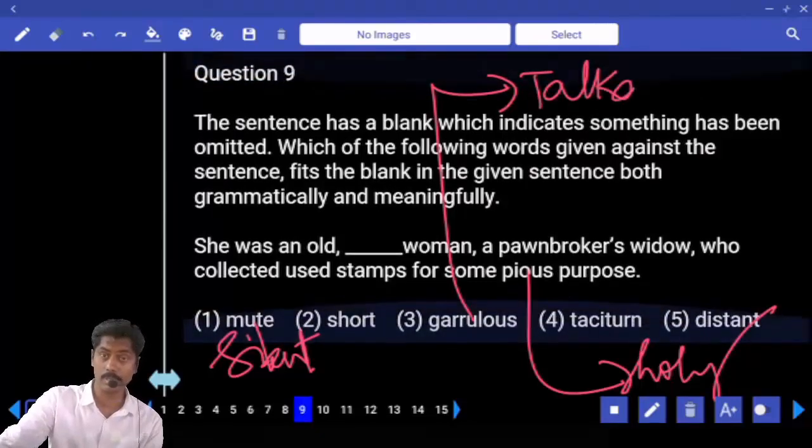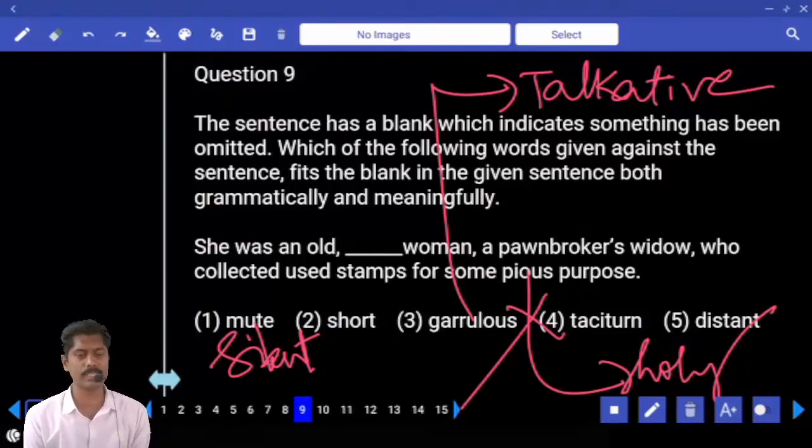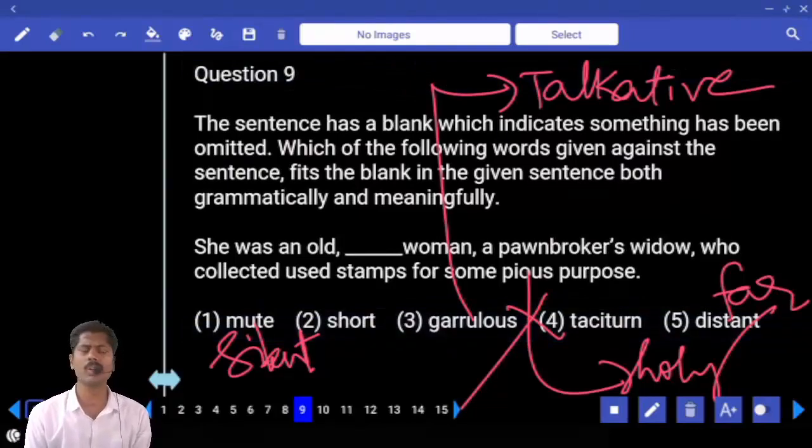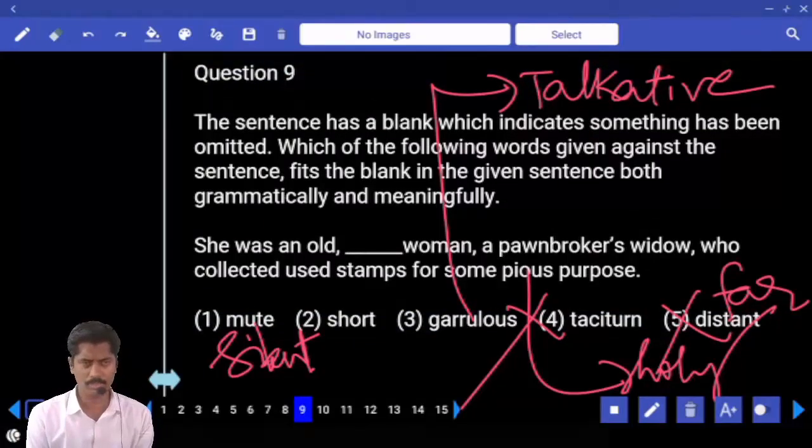Who was said correct? Opposite of garrulous is taciturn. Taciturn is nothing but silent. Distant, far. Distant is used for non-living things rather than living people. Fifth one, not possible. She was an old, mute woman, short woman, garrulous woman, taciturn woman.